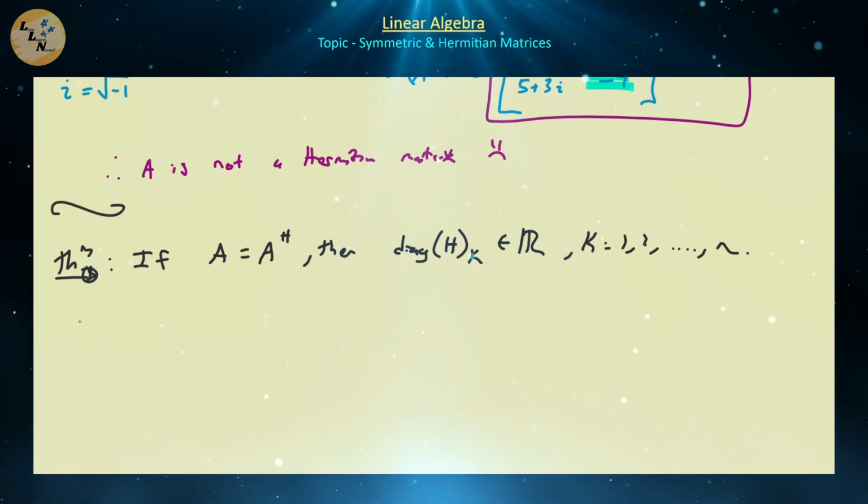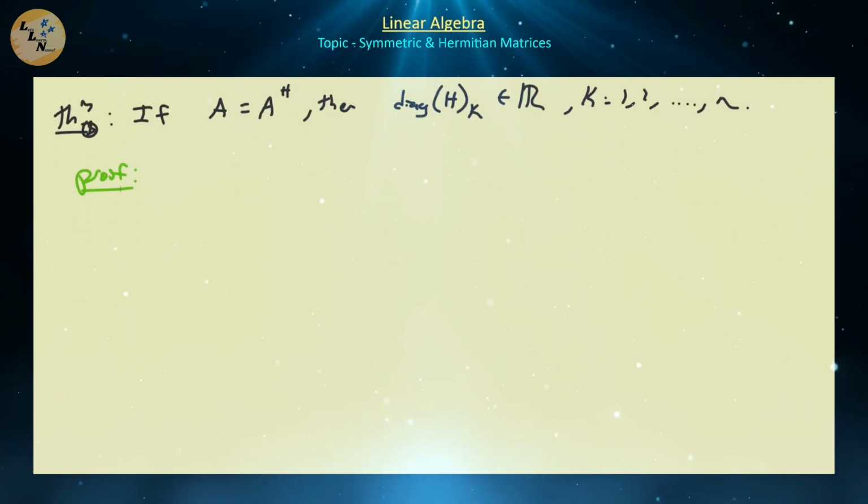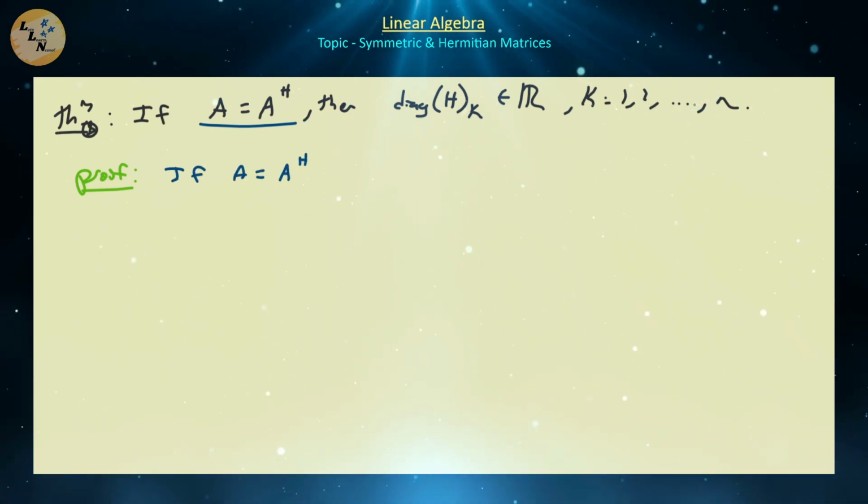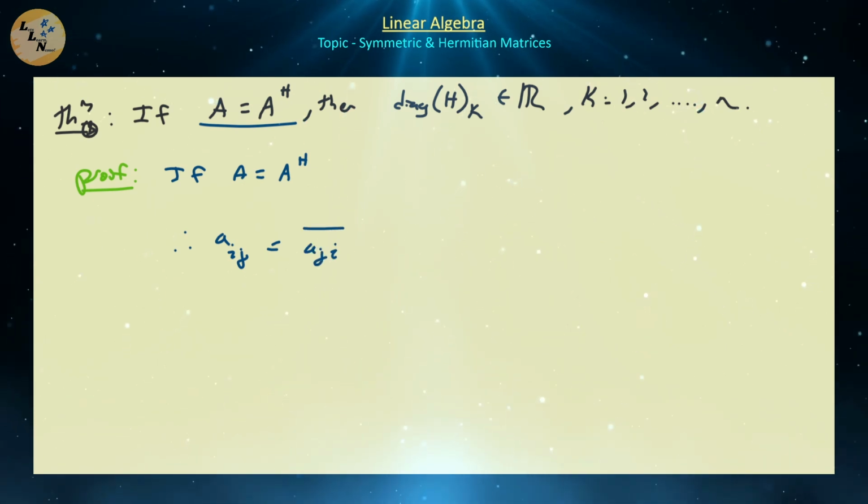So let's see if we can go ahead and do a nice little proof of this. Let's assume that A is a Hermitian matrix. So if A is a Hermitian matrix, that means a_ij is equal to the conjugate of a_ji.